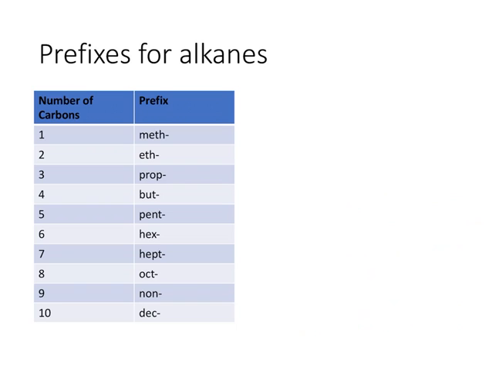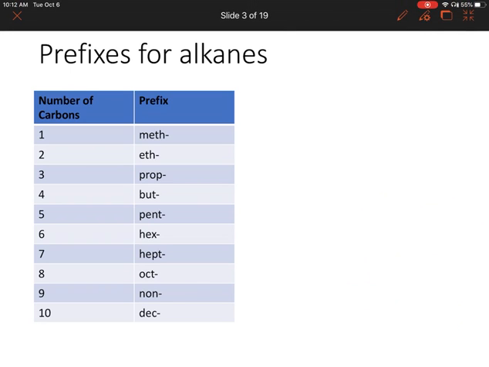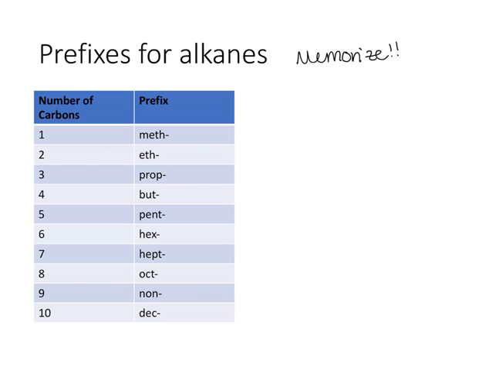If you have two carbons, the prefix is eth. 3 is prop, 4 is but, 5 is pent, and we can go on. So I would like you to memorize these prefixes if you don't already know them, because this will make it much easier to name alkanes. All right, so let's actually look at some different alkanes and name them using these prefixes.